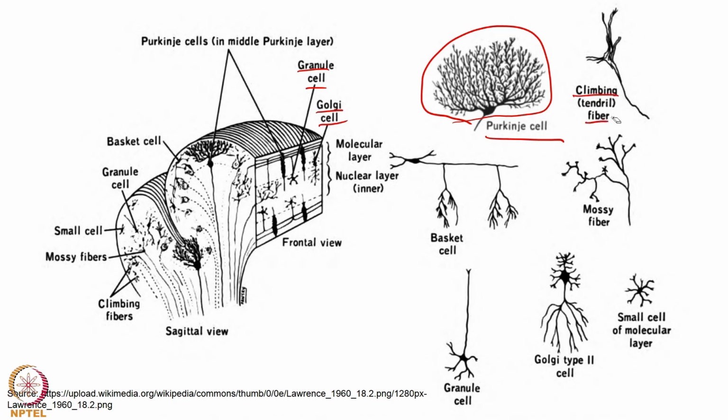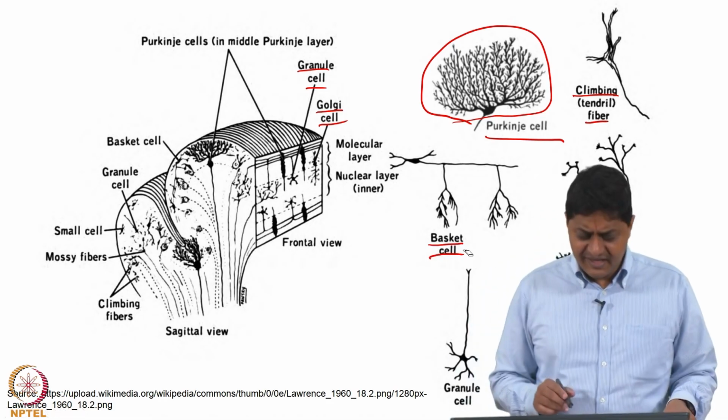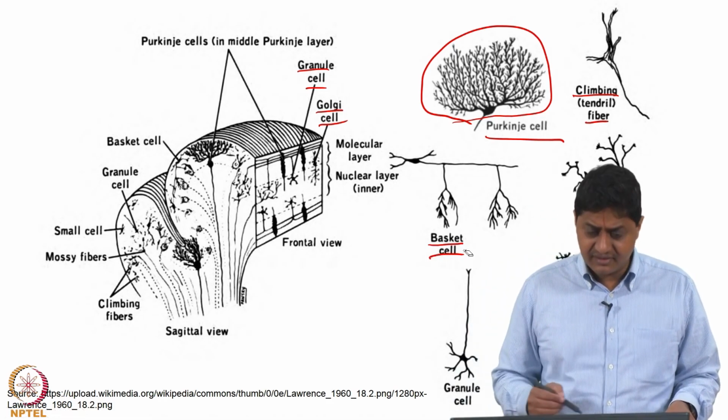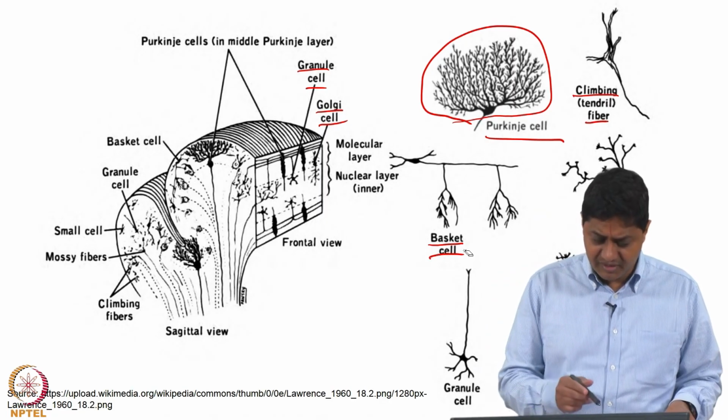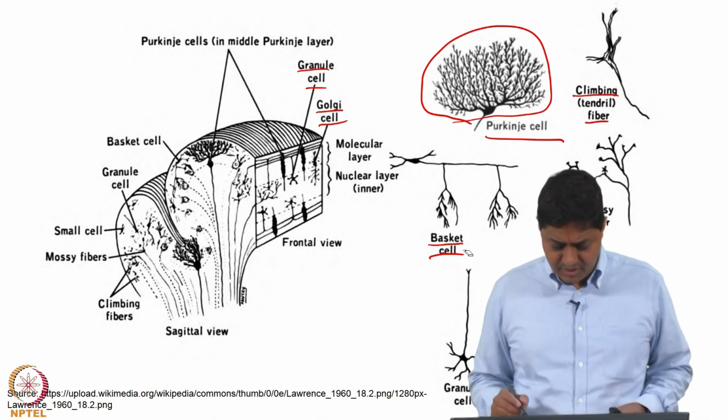There are different types of Golgi cells, Golgi cell type 1, type 2, and then there are basket cells, right. These are the various cells within the cerebellar cortex. Some of them are not shown, but many of them are shown.